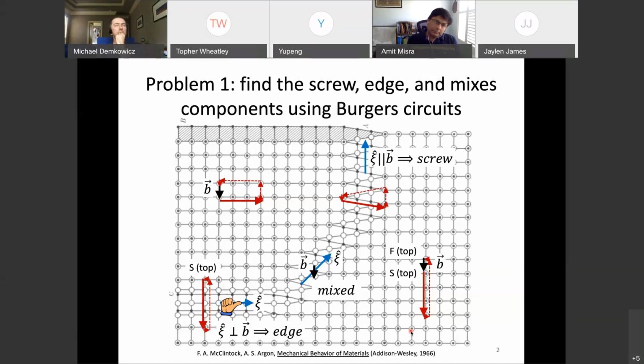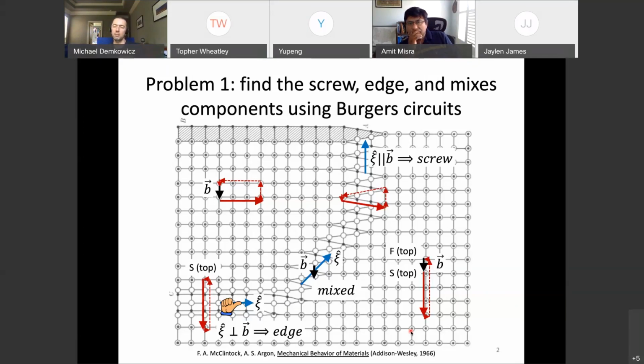Yeah, I mean, these circuits, if you're not going to look edge on to a dislocation, then you're always going to have to draw your circuits in 3D, rather than a 2D projection. And this is kind of a poor man's 3D image. Remember that you're looking at 2 planes of atoms. The series of black dots is the top plane, and the series of white circles is the bottom plane. So we're looking at just those 2 planes of atoms.